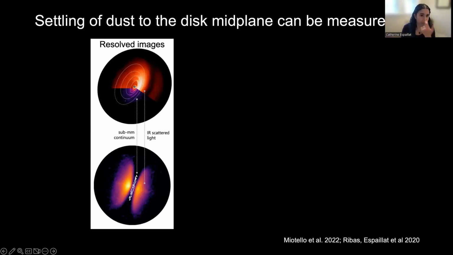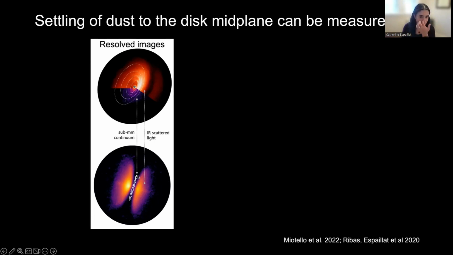So you can kind of see in this, the contrast isn't great, but that these small dust grains are coming from a very flared surface, whereas the larger dust grains are coming from a flatter part of the disk in the disk midplane. And you can see that more clearly in the bottom figure, where again, the red is tracing the small dust grains, that's near-infrared imaging from scattered light, and the contours are tracing the millimeter emission.